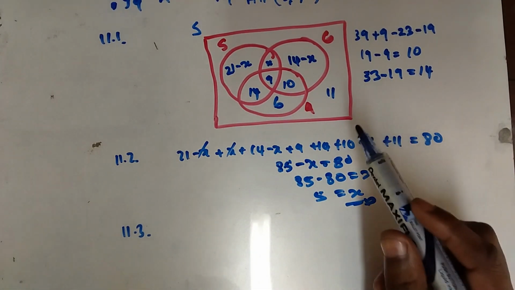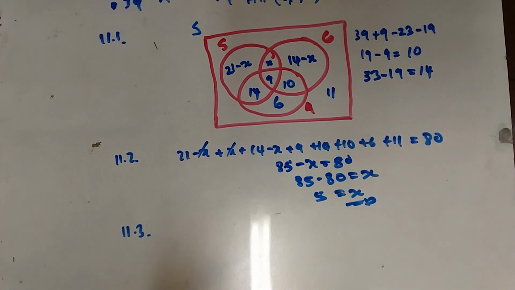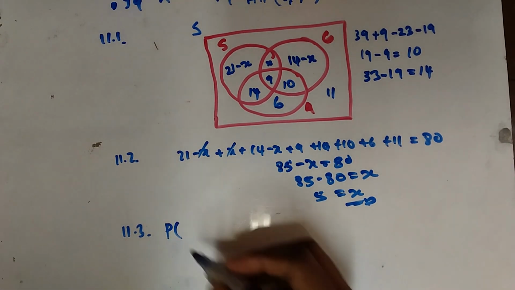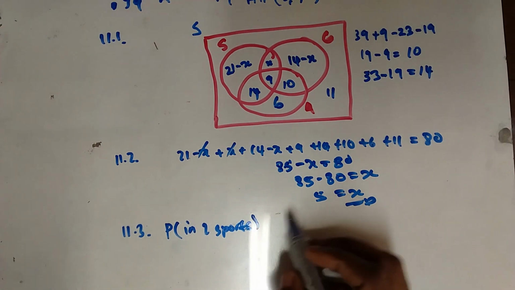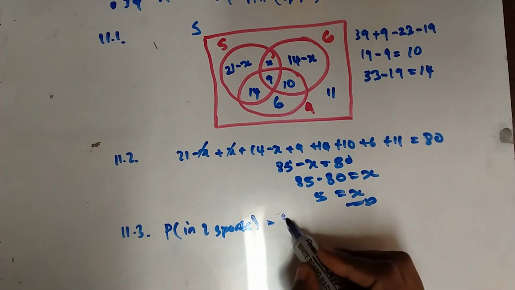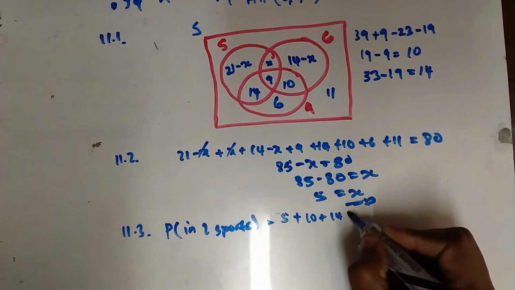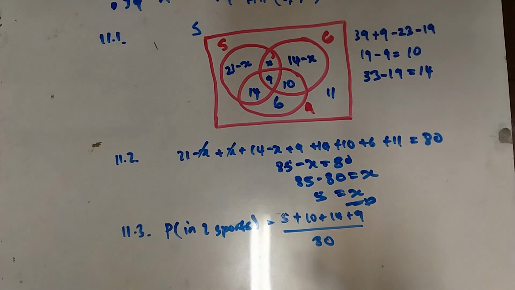If you want to find that probability, we only consider the ones that make a union of our sports. Meaning that the probability of participating in at least 2 sports will be given by x, which is 5, plus 10 plus 14 plus 9, and we divide this by 80 because that's the whole number of people that we have there.